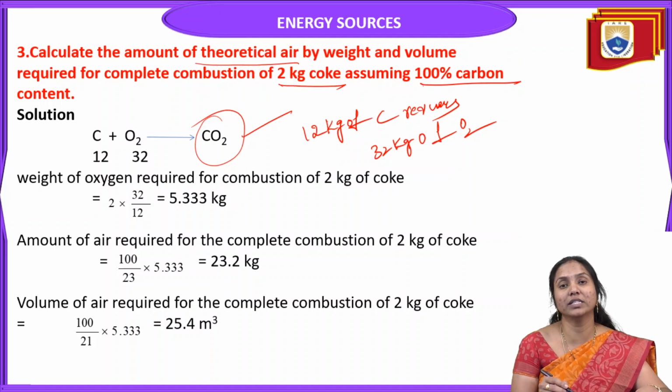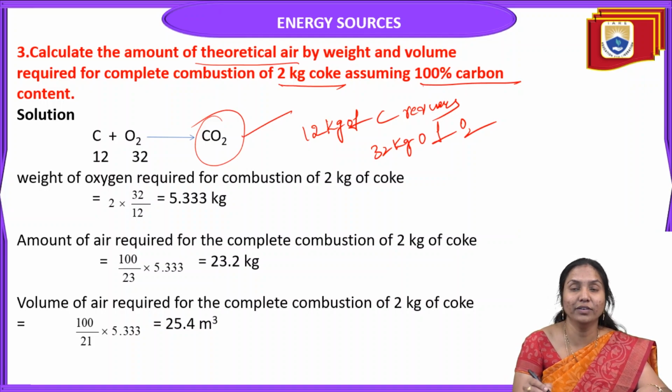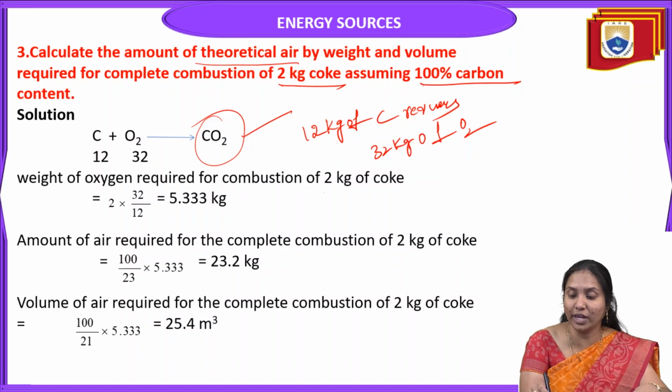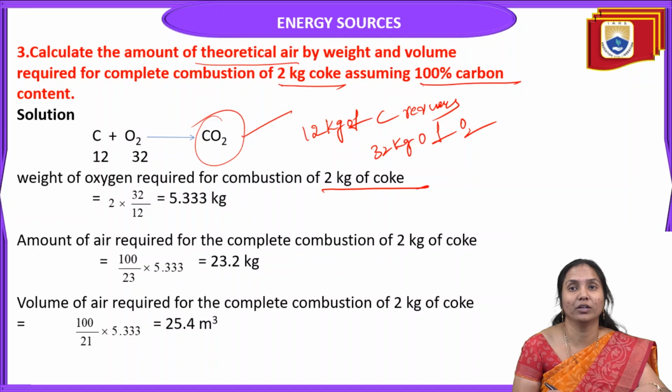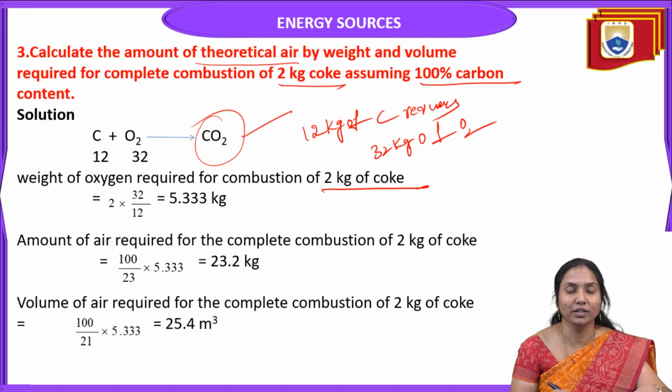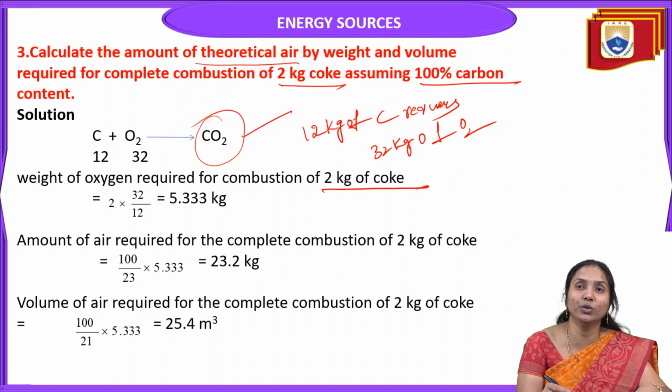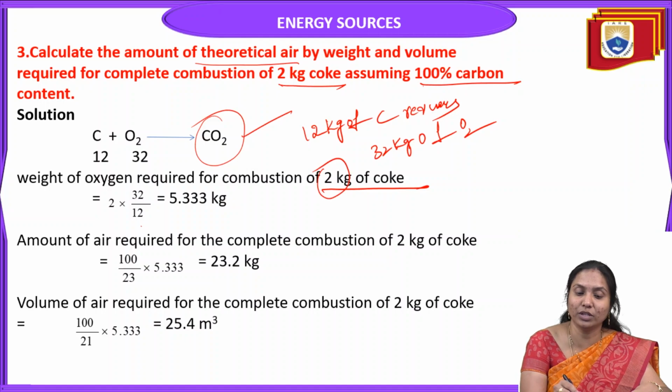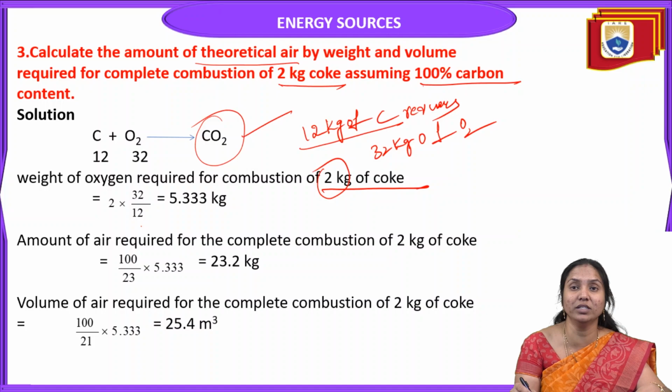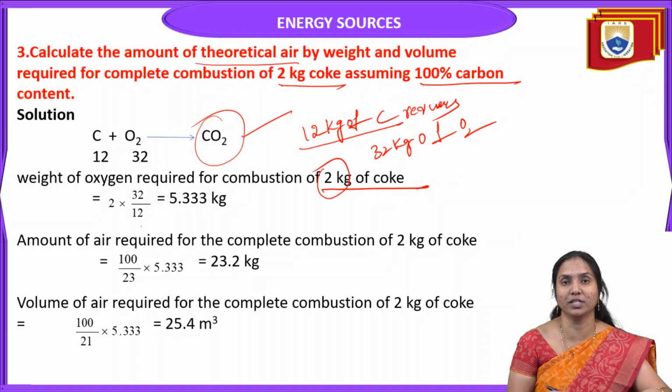So the weight of oxygen required for combustion of 2 kg of coke is 2 into 32 by 12, because 12 kilograms of carbon requires 32 kilograms of oxygen.